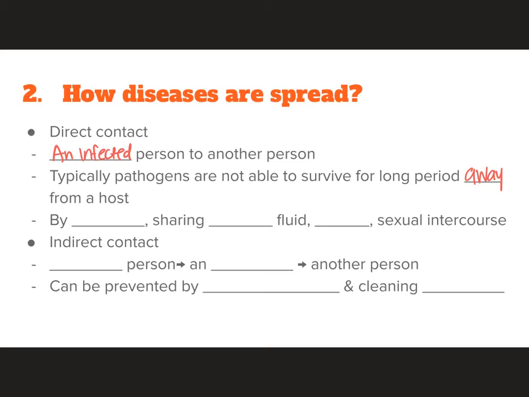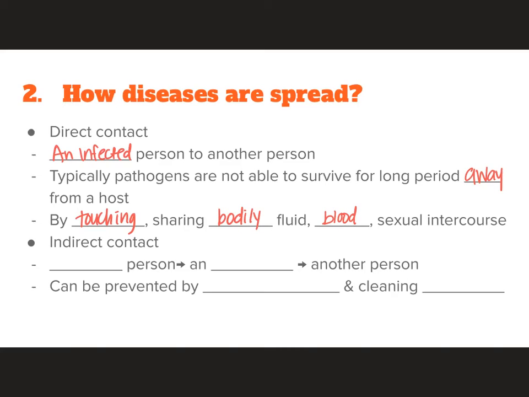But the good thing is, if you wash your hands, you can mostly prevent them from entering your body. A lot of the time it's by touching, sharing bodily fluids, like sharing your straws, and also blood. Sometimes blood can transfer these things too, and also sexual intercourse, which is very intimate.